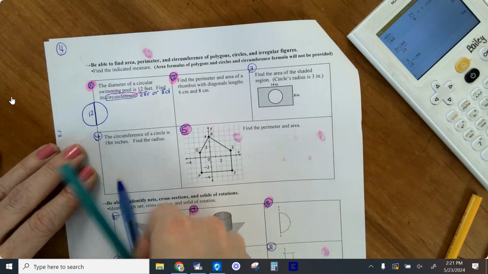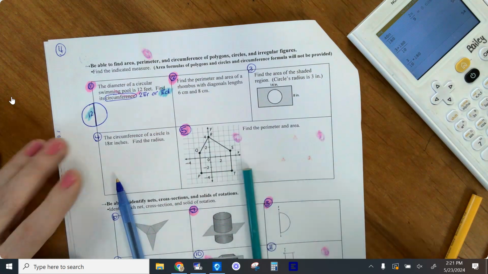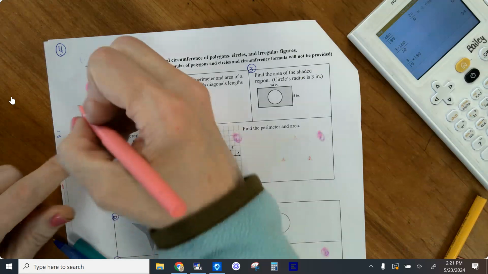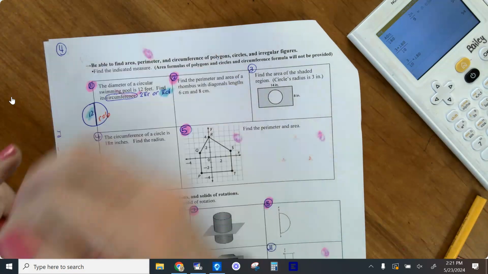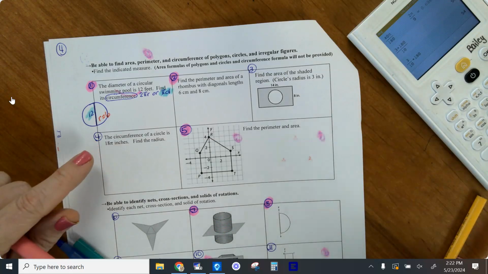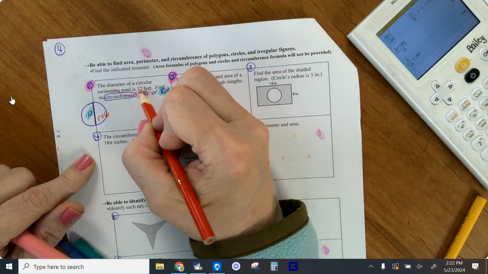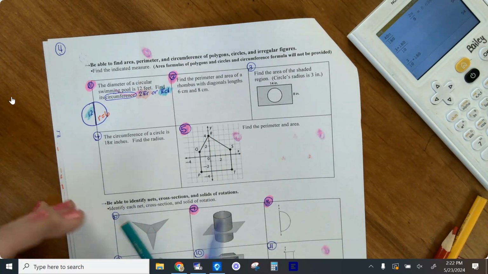Okay, so I've been given the diameter, so I can use pi times diameter. Well, what if you don't like that? Then you need a radius. What's your radius? 6. Okay, so if you use your radius, you would have to use 2 pi r. It really won't matter. You're going to get the same answer.